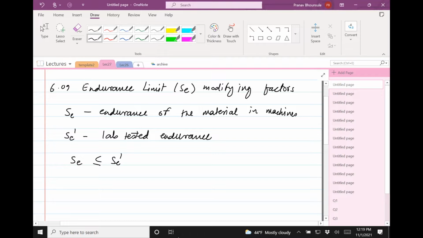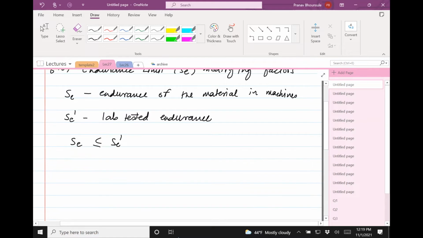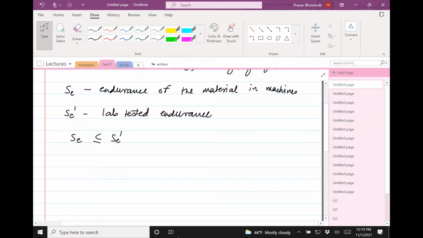And that's because when we take an element in the lab, we take special care to see it's uniform, there are no impurities, it's machined properly, it's polished, and so on. And those kinds of perfections are not there when the part is in a machine. And so there are factors which modify SE, right?